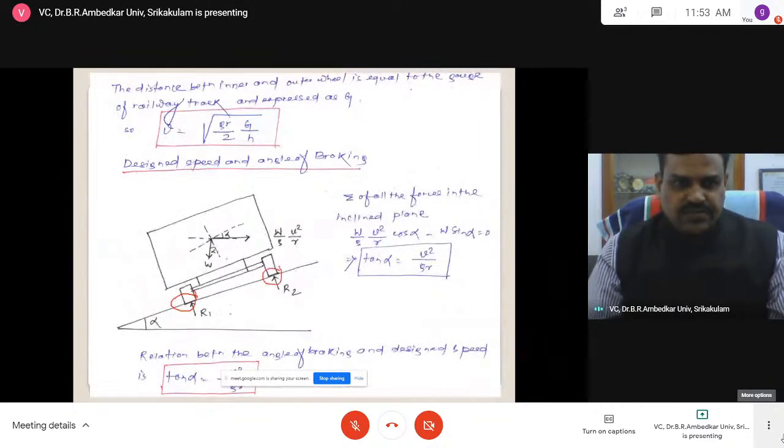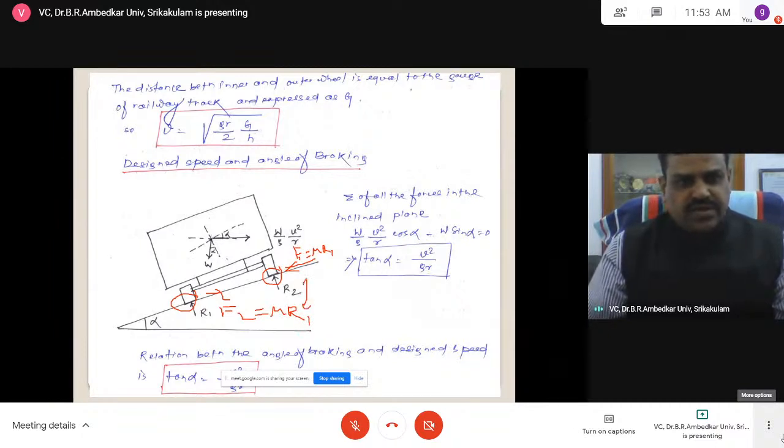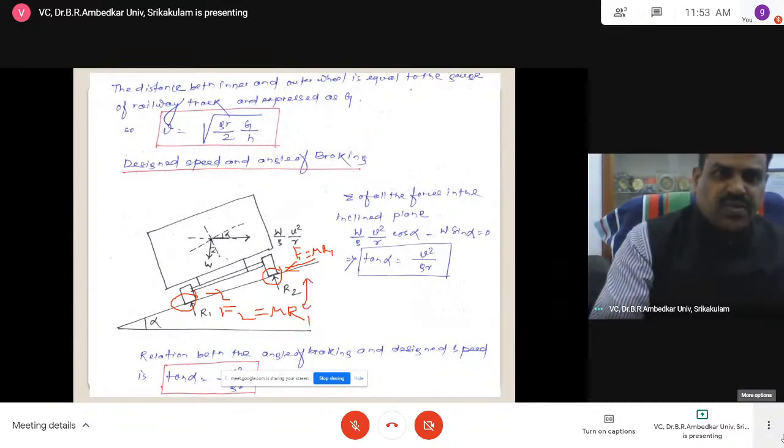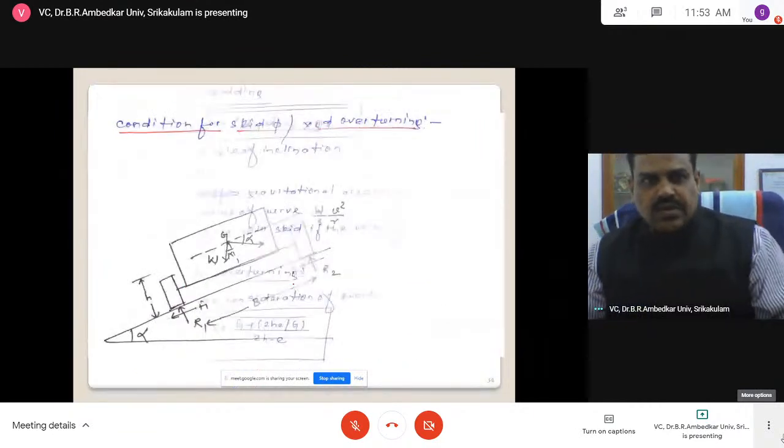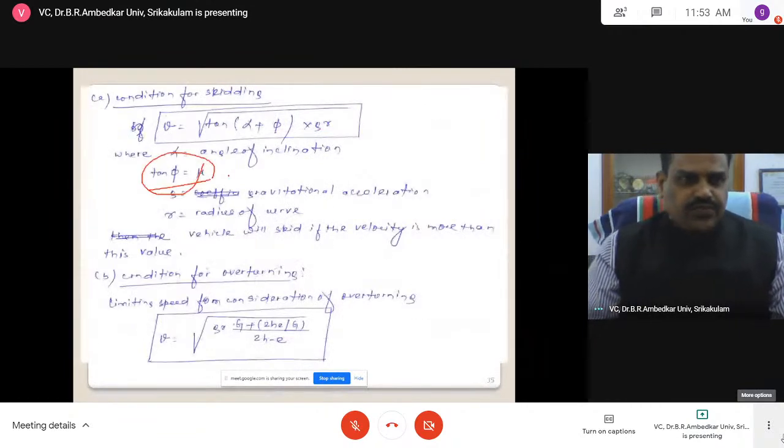There is a chance of skidding. So now we consider the frictional force is equal to mu times R, that is F1 is mu times R1, or F2 is mu times R2. To avoid skidding we have to consider this. That is an extra component which is coming. Tan phi is equal to mu.